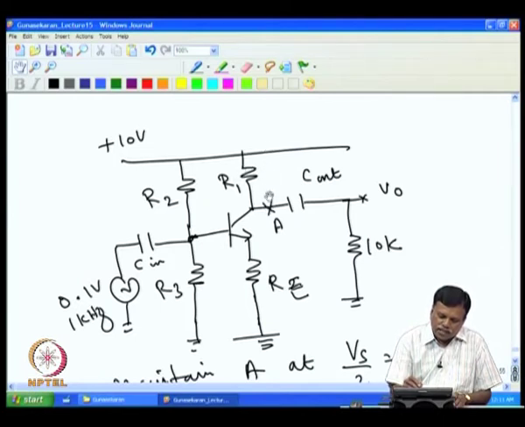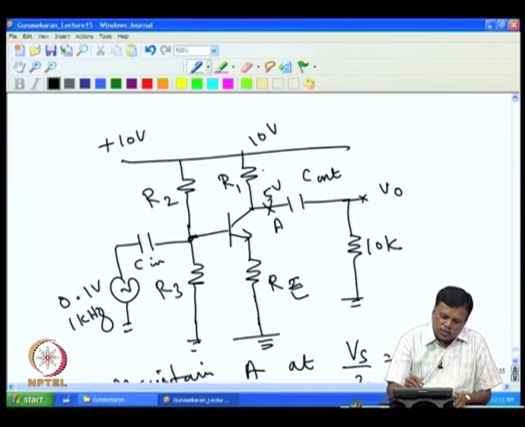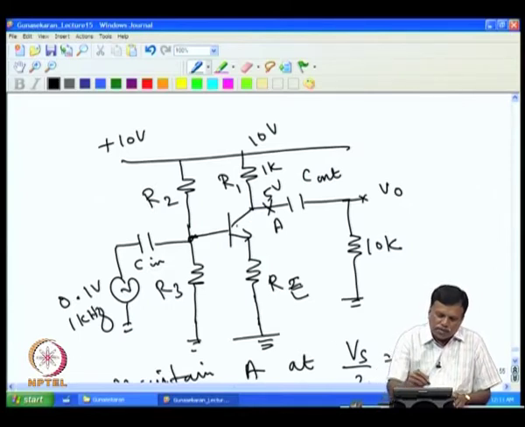The resistance is 1K, so the current through it is 5 milliampere. The current through RE is also almost 5 milliampere, neglecting the base current effect.